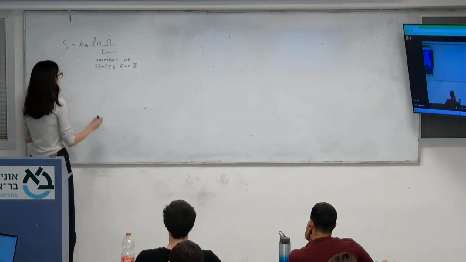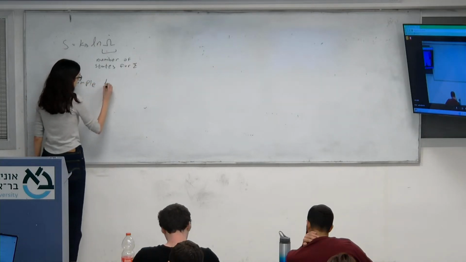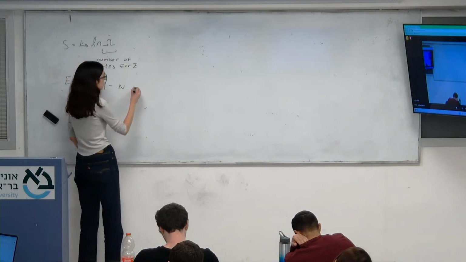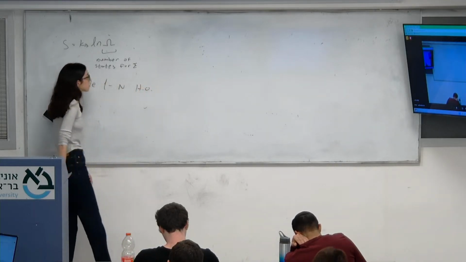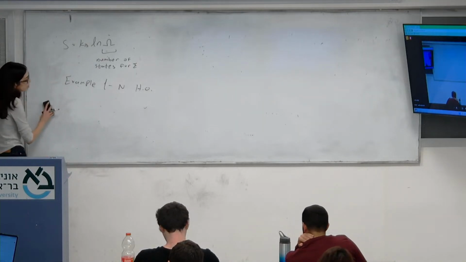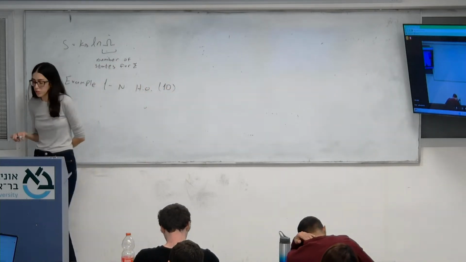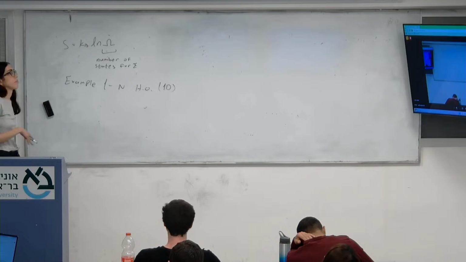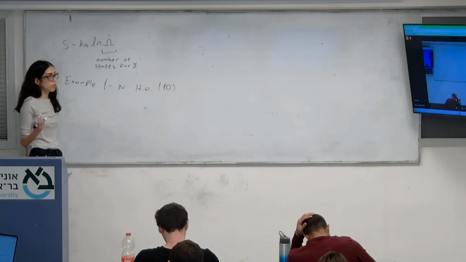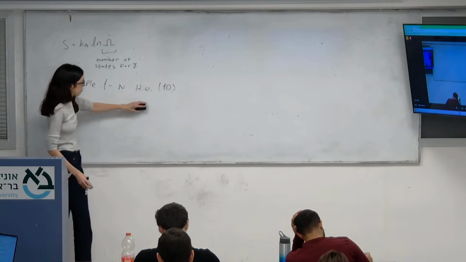The first example is a harmonic oscillator, or n harmonic oscillators. So we work in one dimension. We have n particles. Each one of them is a harmonic oscillator, and we want to calculate the entropy of the system.